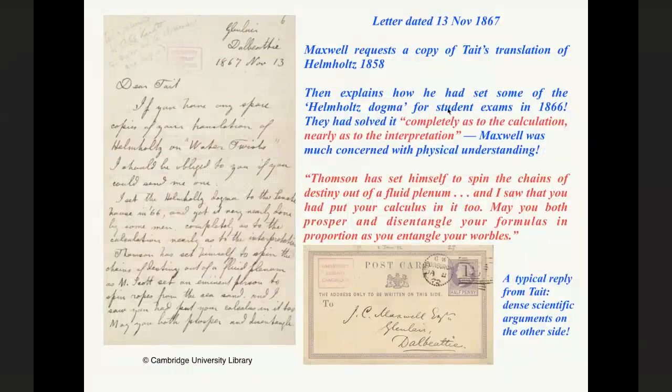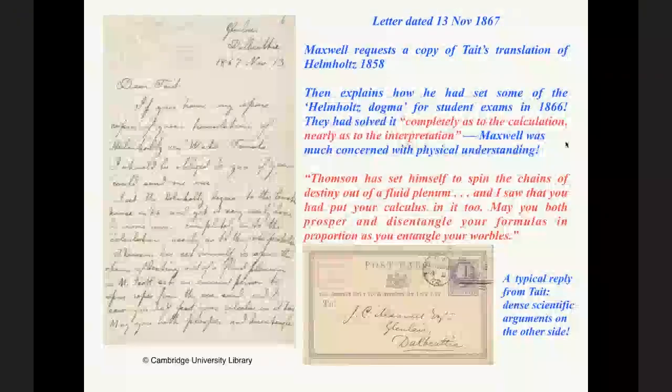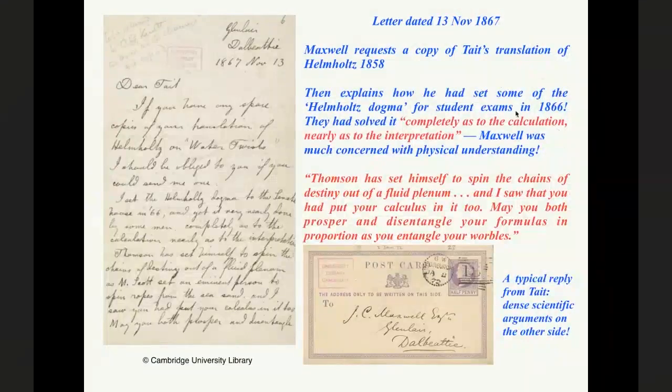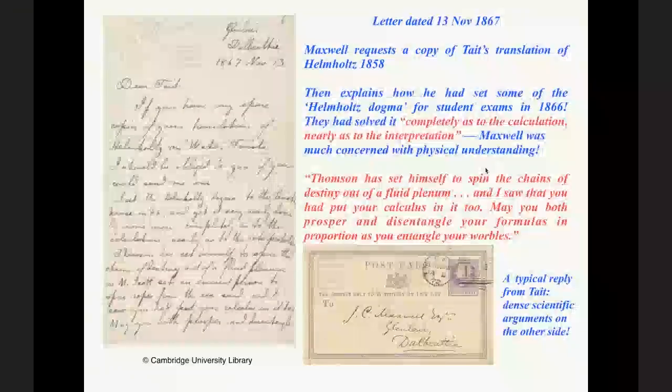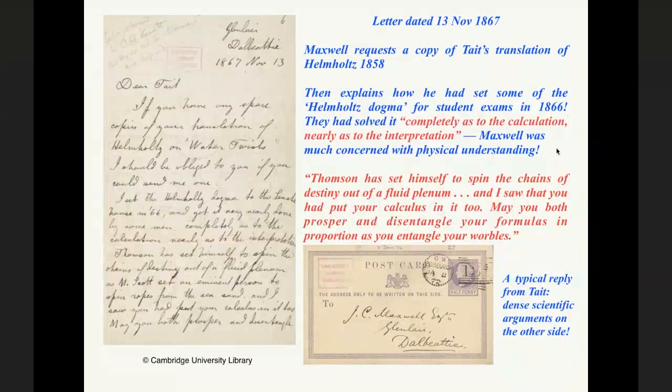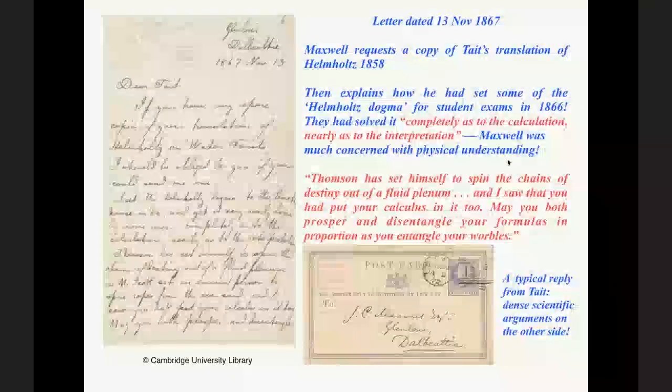And then he explains how he had set some of what he calls Helmholtz dogma for student exams in 1866. That's before the paper, just as Tate was translating the paper from German to English. He says that they had solved it completely as to the calculation and nearly as to the interpretation. Evidence that Maxwell was as much concerned with physical understanding of his results as with the mathematics.